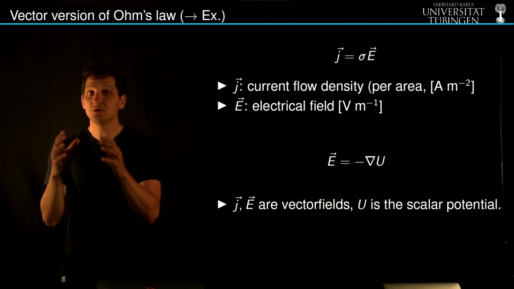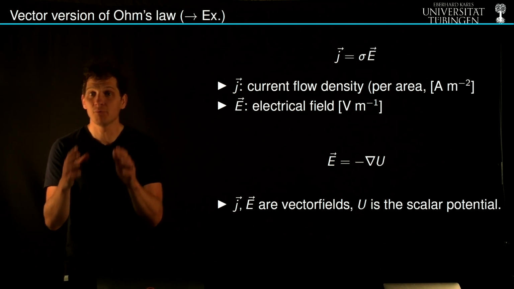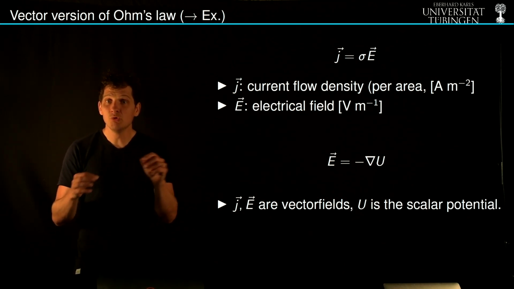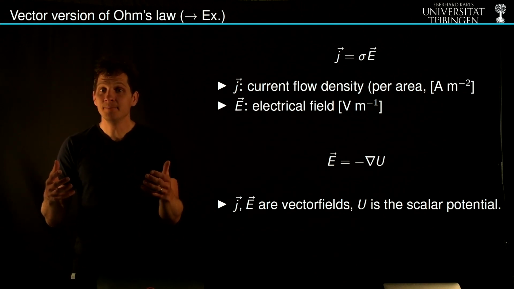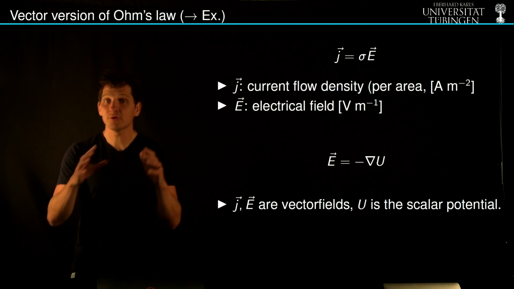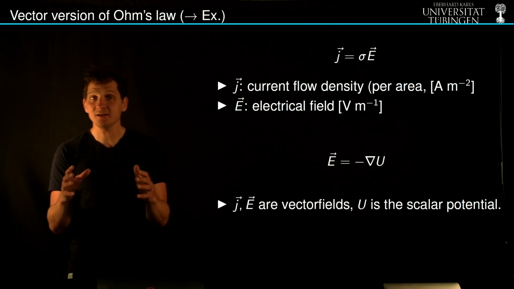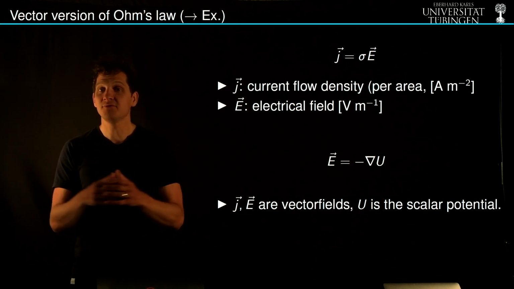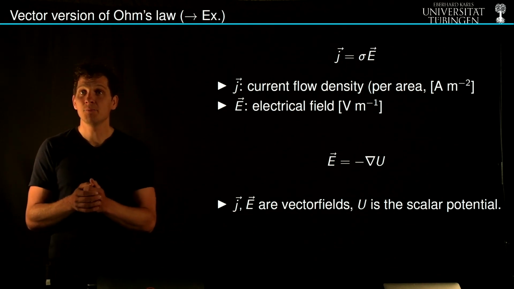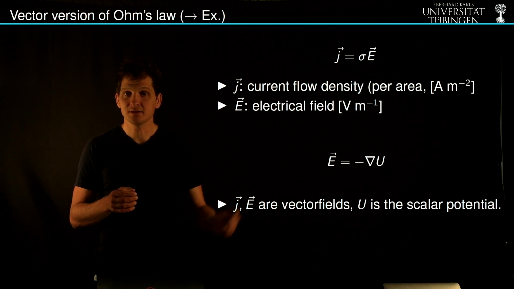The scalar field U defines the amount of work required to move a charge along a given path in the electrical field E. This means we can calculate U from E by evaluating a line integral, or vice versa, we can derive the electrical field from the potential field by calculating the gradient.